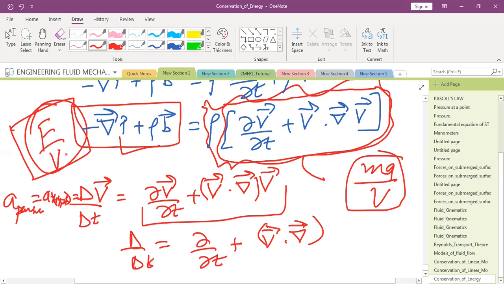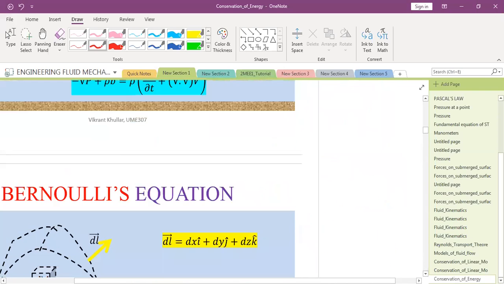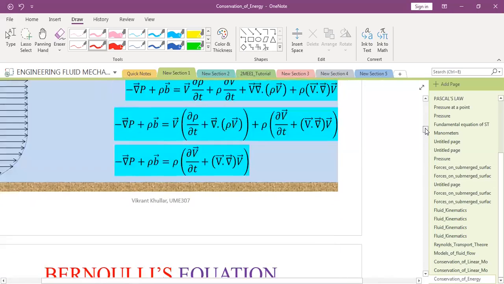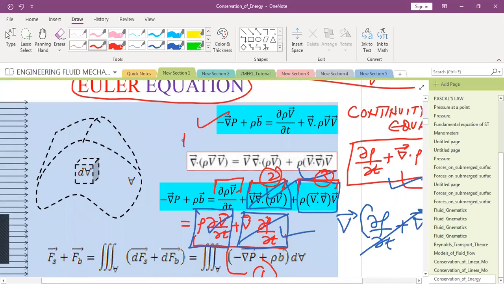Any doubts to anyone? This was force per unit volume, this term. This was the Eulerian term.